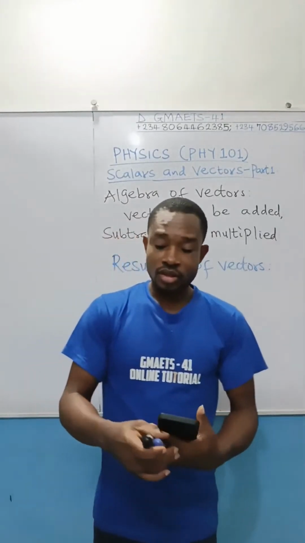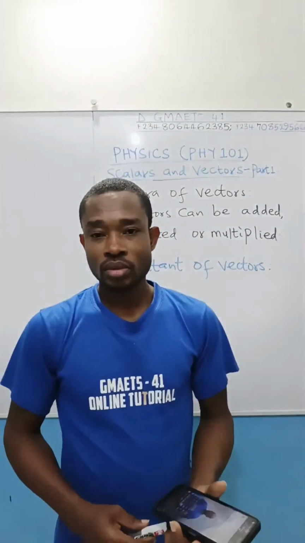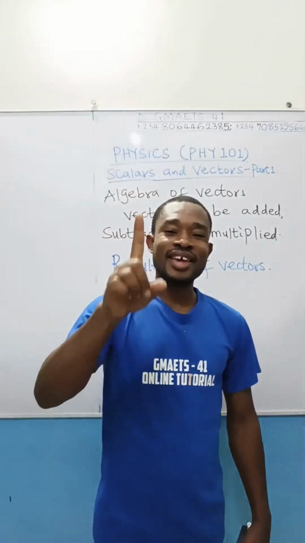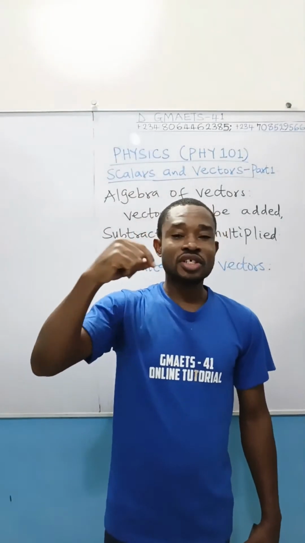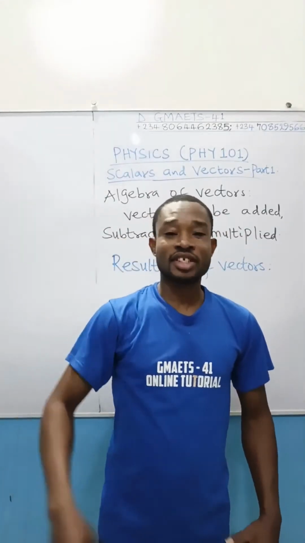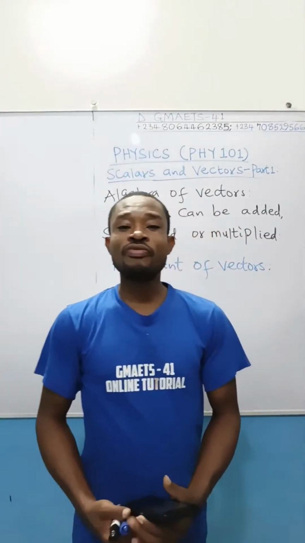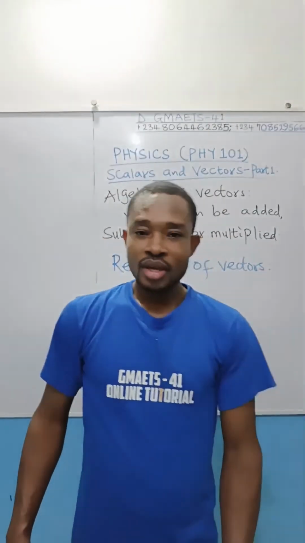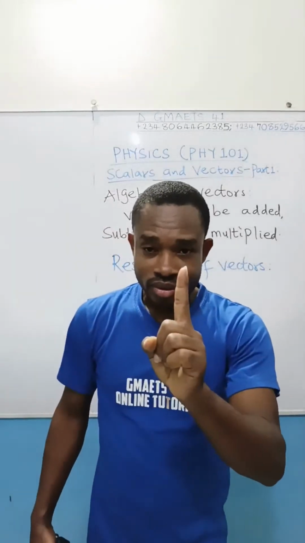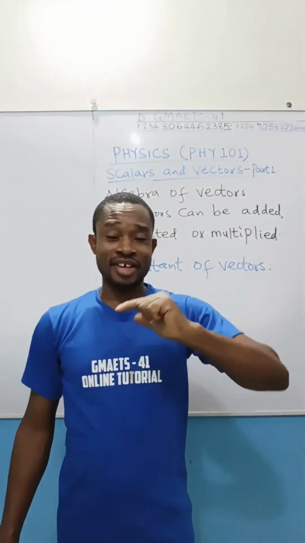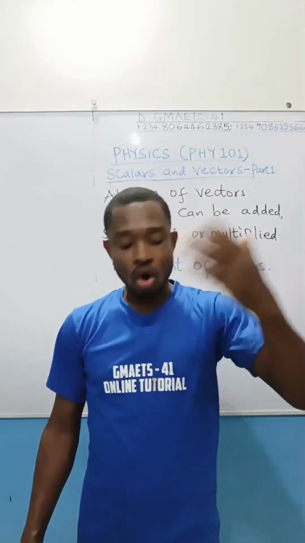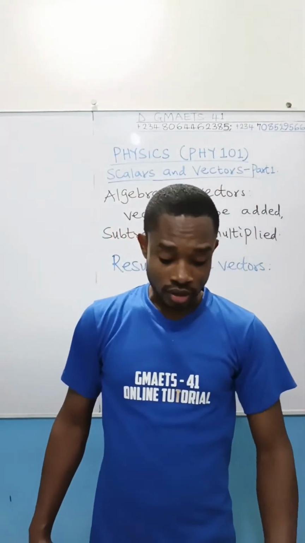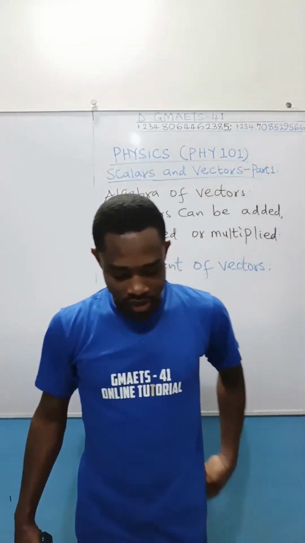The resultant of a vector is simply one vector that can be represented in magnitude and in direction as 2 or more vectors acting together. That is what the resultant of a vector is.